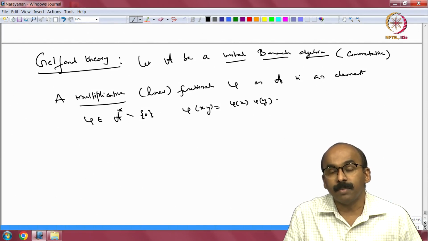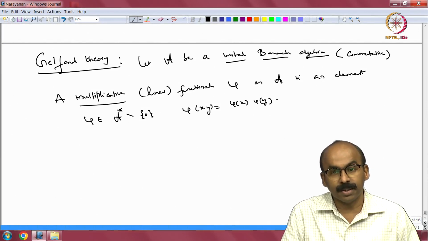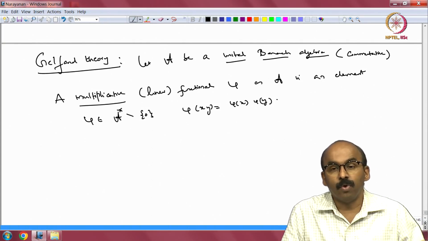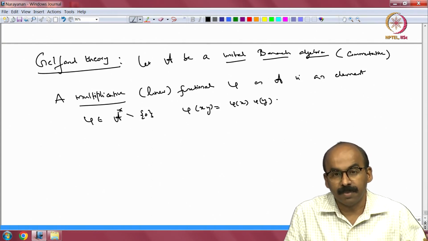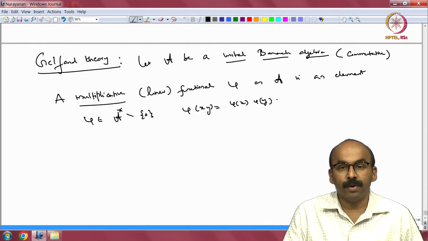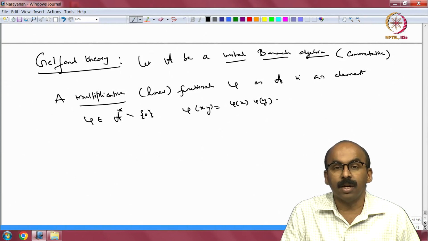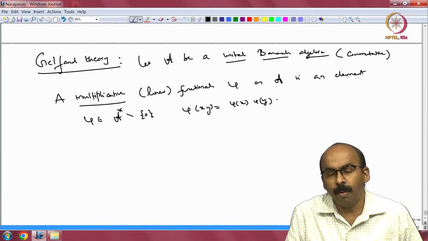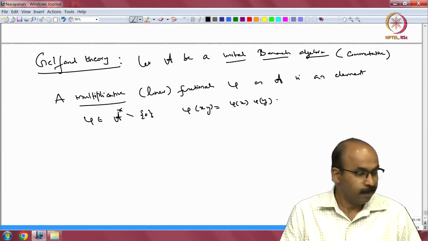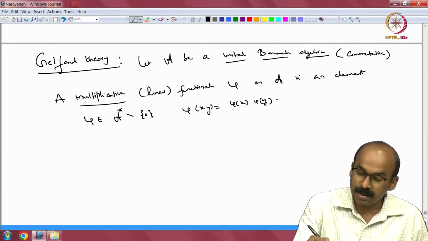But now A is a Banach algebra, so there is an algebra structure, which is multiplication, and we want to look at those morphisms which preserve the multiplication. That is why you have phi of xy equal to phi x into phi y. These are called multiplicative homomorphisms or multiplicative linear functionals. So, we will study this.